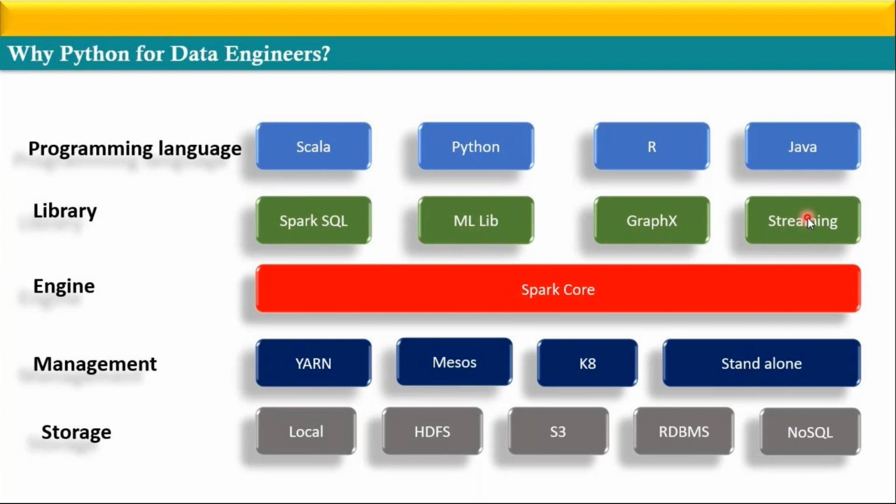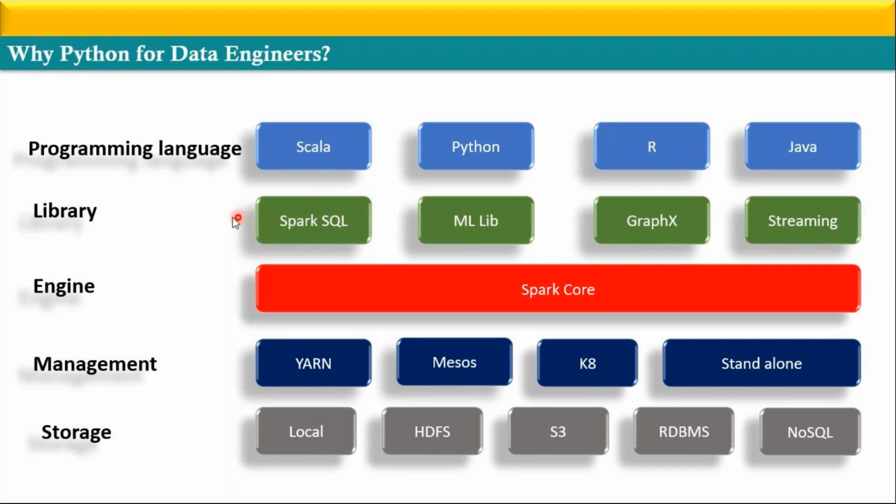In order to handle streaming data, Spark Streaming is there. Inside Hadoop, we were having Apache Storm. Then to handle graph data, we are having GraphX, which is a library inside the Spark ecosystem. So different libraries are there to perform the tasks which were performed by Hadoop.